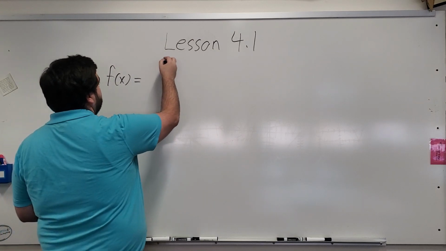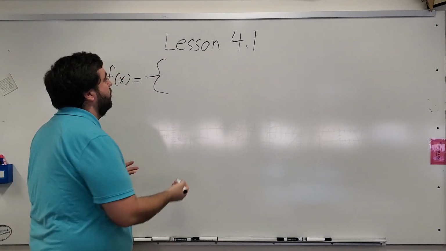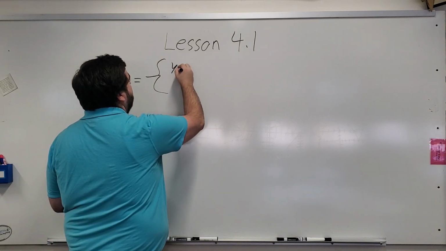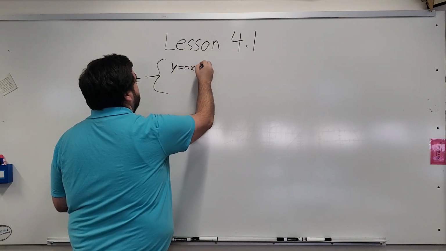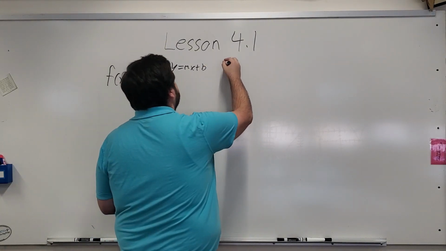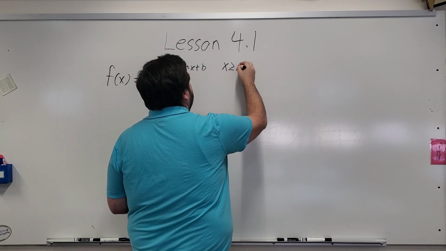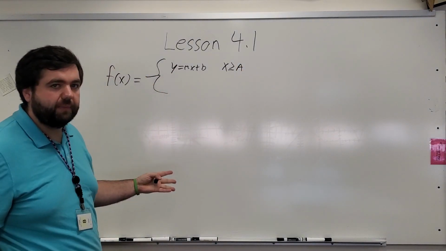So we write it like this, and then we'll have function 1. We'll call function 1, let's just say y equals mx plus b, and that is for the points x greater than or equal to some point a. Okay?